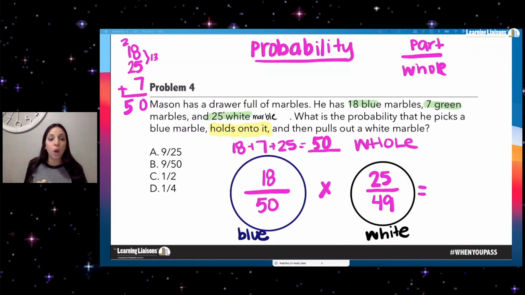Now, if you know how to do all of this and then you don't know how to multiply fractions, well, you're in for a rude awakening, because this is not going to be easy if you don't know how to do combined probability, or if you don't know how to multiply fractions. So I'm going to use my handy dandy calculator. 18 times 25, 450.